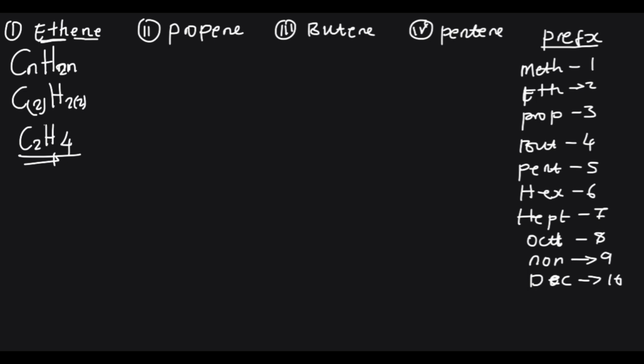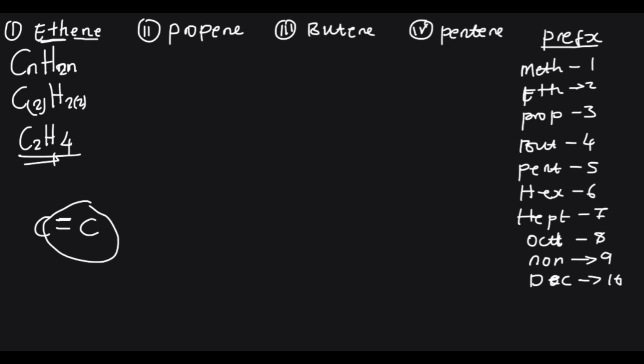Now, since we have the molecular formula, we can draw the structural formula. We'll first begin by writing the carbons. So we have carbons here. Now, we said under alkenes, we need to have at least a double bond between the carbon atoms. So we can see that this carbon has 2 bonds.